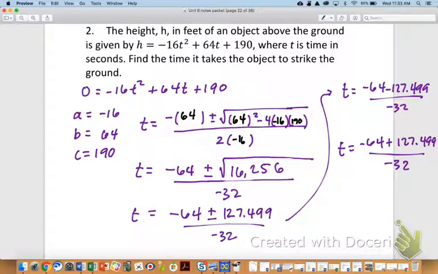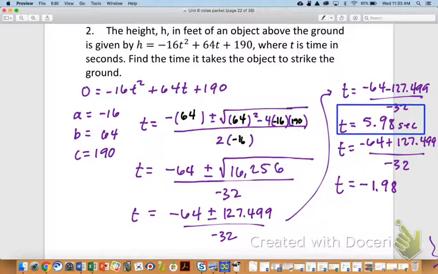So for one of my answers, I got t equals 5.98. The other one I got this. Please look at your answers, compare them to mine.